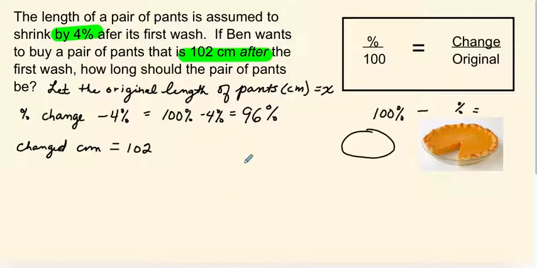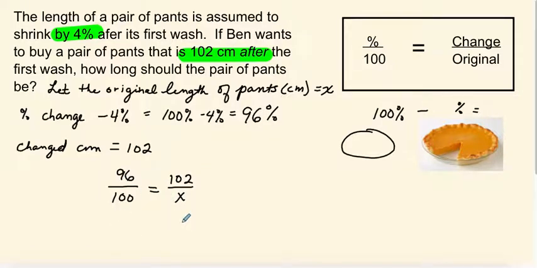So let's see if we can figure out where to set up these things. So we know that the change leaves us with 96% of our pie. Well, 96% is 96 per 100. This represents the original amount. Well, that's our variable. That's what we don't know. And the changed centimeters after it shrank is 102 centimeters. So now I've got my proportions set up.